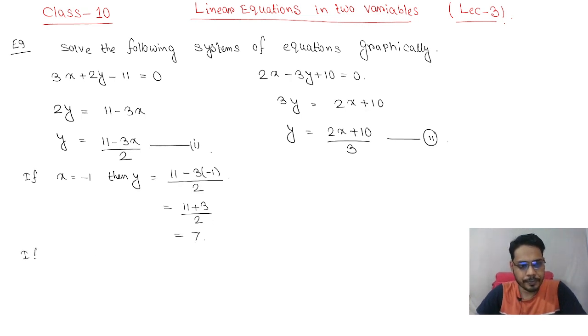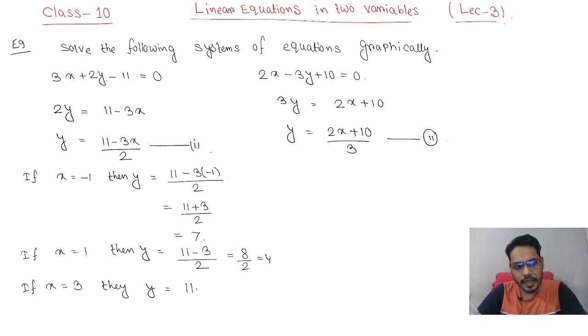Now if x is equal to 1, then y will be (11 minus 3 into 1) by 2, 8 by 2. That means it will be 4. Now if x is equal to 3, then y will be (11 minus 3 into 3, that is 9) by 2. It's 1.